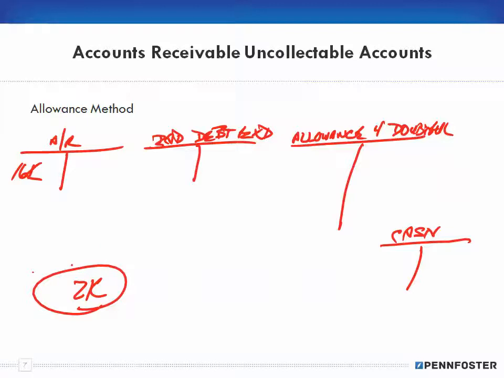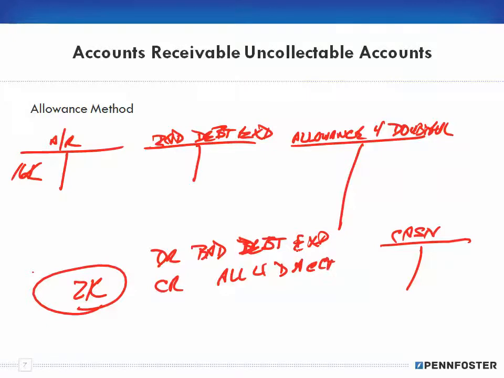So instead what you do is you say, okay, we're going to create this allowance for doubtful account. And in the allowance for doubtful account, we determined that we're going to write off $2,000, so we're going to debit our bad debt expense, and this is the adjusting journal entry that you're going to make at the end of the accounting period, and you're going to credit your allowance for doubtful account or uncollectible account in the amount of $2,000.